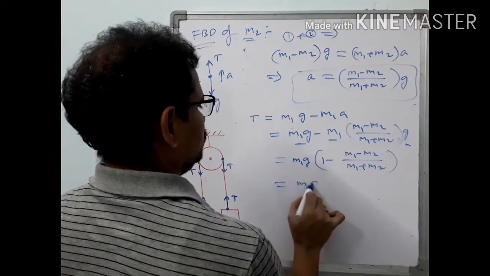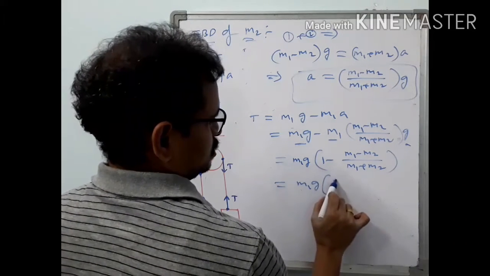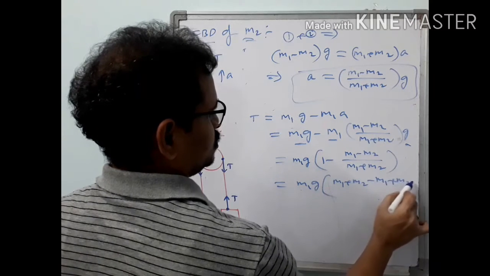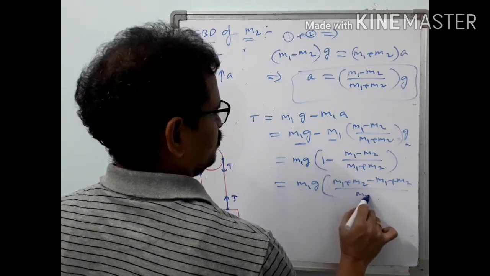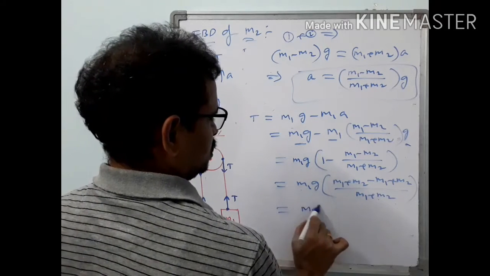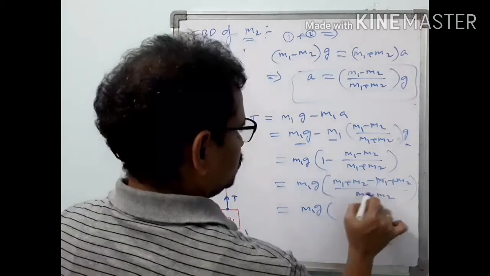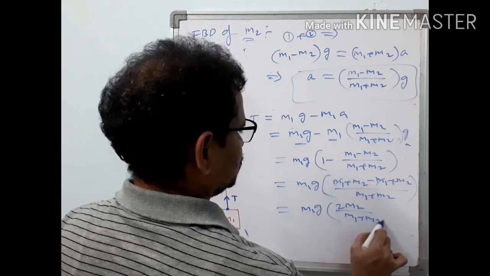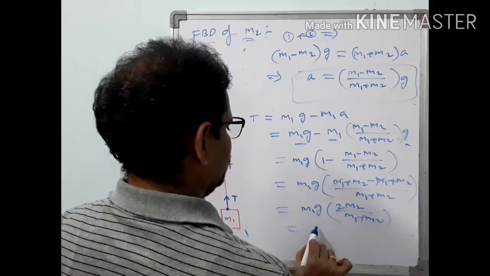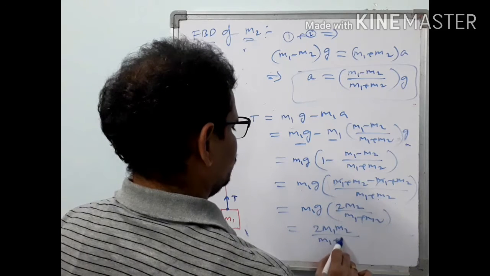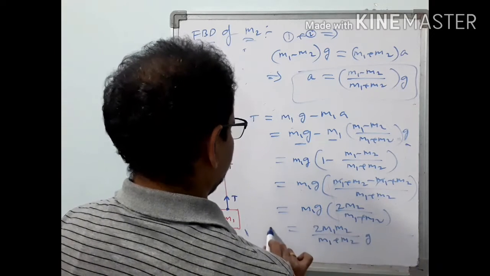So this is equal to M1G, M1 plus M2 minus M1 plus M2 by M1 plus M2. So this is equal to M1G into, this one cancels, 2M2 by M1 plus M2. So this is equal to 2M1M2 by M1 plus M2 into G. This is T here.